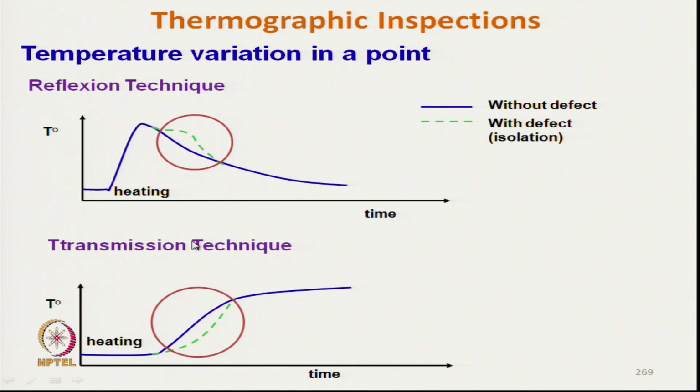On the other hand, in transmission mode the heat transmission is being blocked at the defective zone, so the effective heating temperature we get is less. This is the difference between reflection and transmission; for the same type of defect we get two different curves, so we must know whether it is working in transmission mode or reflection mode.